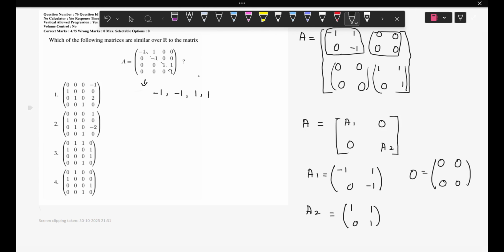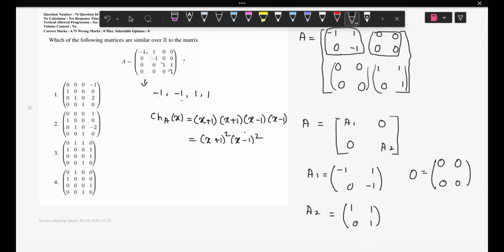If I calculate the characteristic polynomial of A, it would be (x plus 1), (x plus 1), (x minus 1), (x minus 1). So that gives you (x plus 1) whole square times (x minus 1) whole square. So this is the characteristic polynomial of A. Now the point is that I will calculate the minimal polynomial of A.